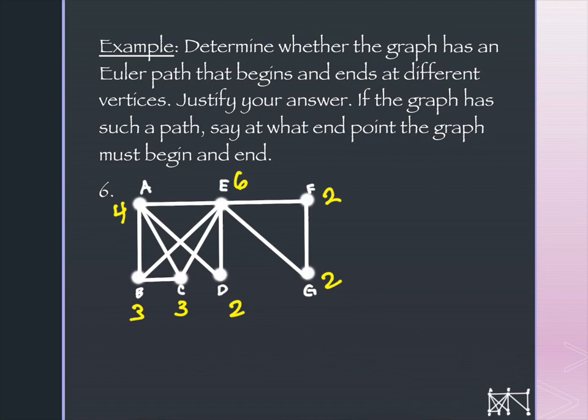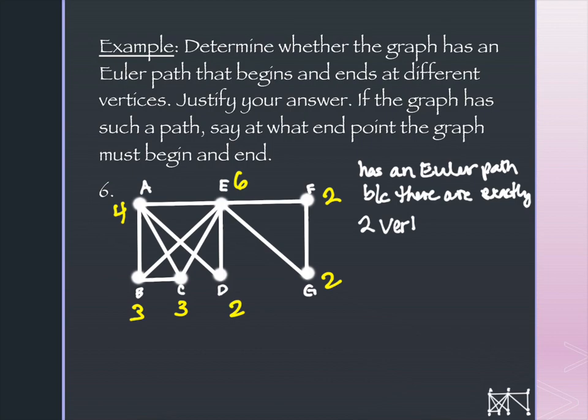So this one has an Euler path, because there are exactly 2 vertices with odd degree.